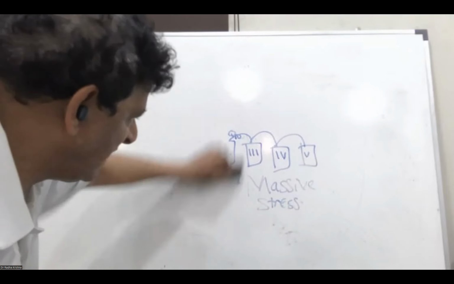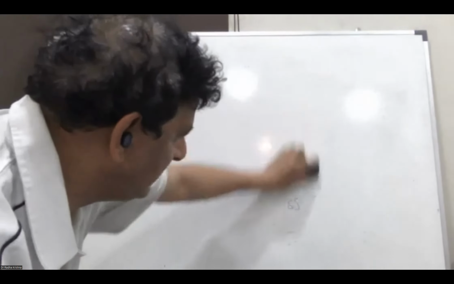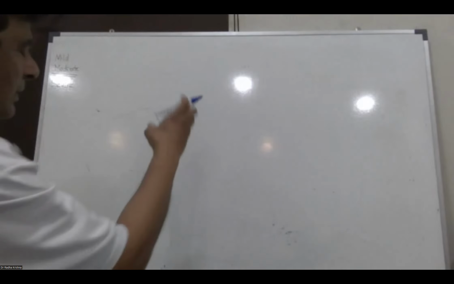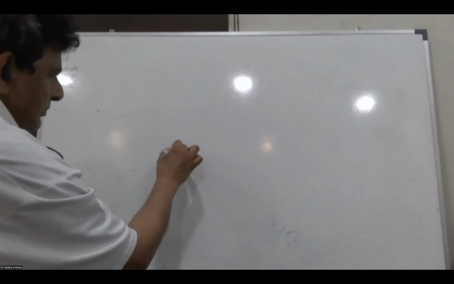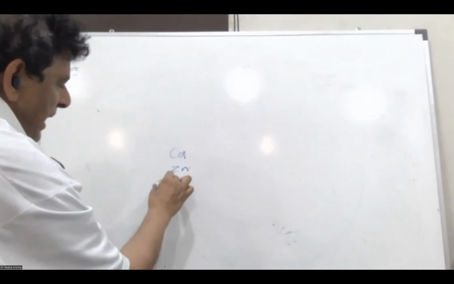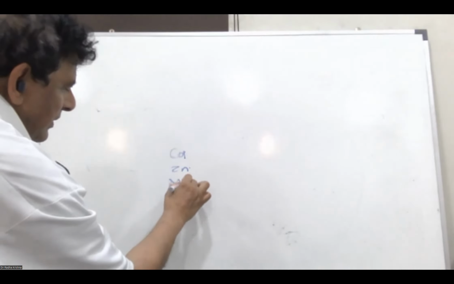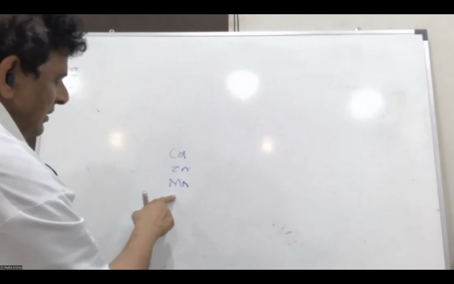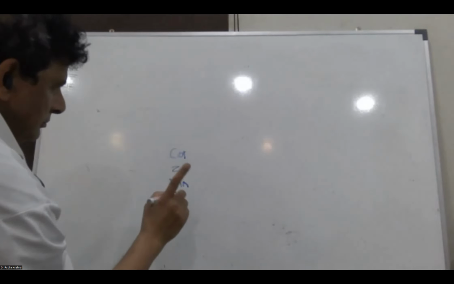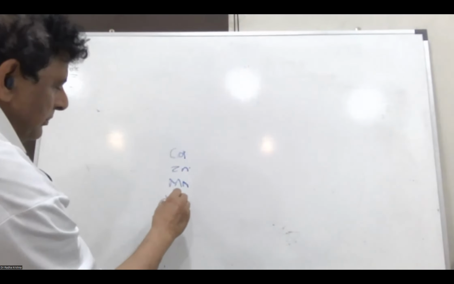If I were to do an S drive and I find these deficiencies, copper, tomorrow, next time we'll do copper, zinc, manganese, okay, manganese. Then you have molybdenum.